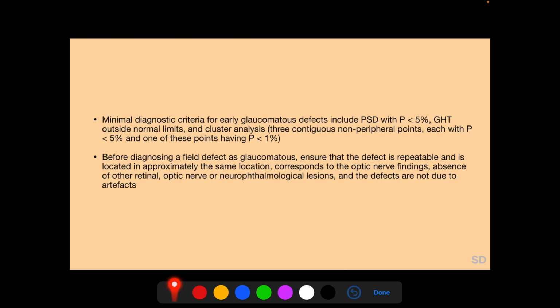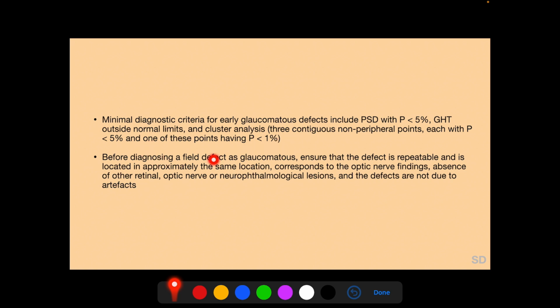Minimal diagnostic criteria for early glaucomatous defects include pattern standard deviation with a p-value of less than 5%, a glaucoma hemifield test reporting outside normal limits, and cluster analysis with 3 contiguous non-peripheral test locations each having a p-value of less than 5% and one of these test locations having a p-value of less than 1%.